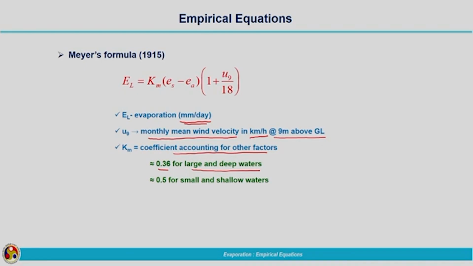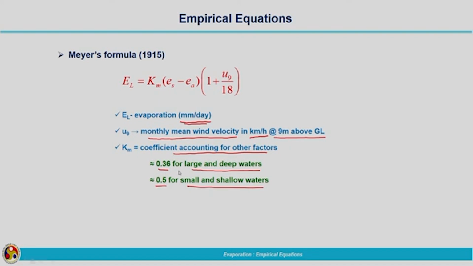Km accounts for this: for large and deep water bodies Km can be taken as 0.36, and for small and shallow waters it can be taken as 0.5.